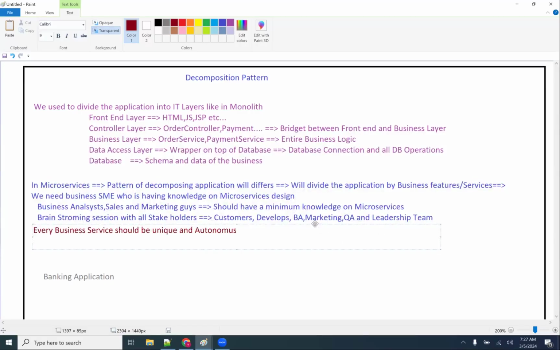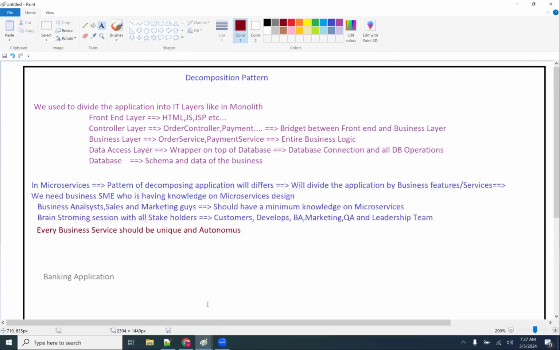Every business service should be unique and autonomous, which means I have a service, and that feature should be available only in that service. I cannot get the same feature with another service. A unique service. Understand, right, guys?